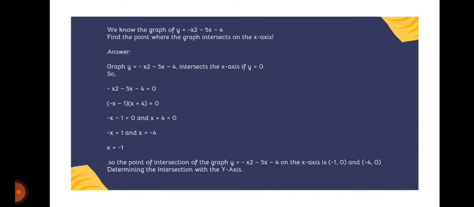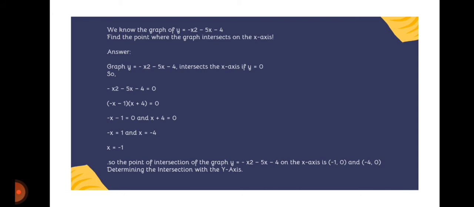So the points of intersection of the graph y equals negative x squared minus 5x minus 4 on the x-axis are (-1, 0) and (-4, 0).